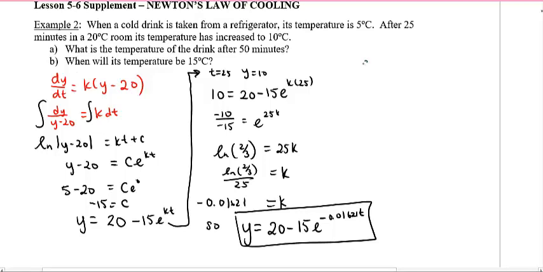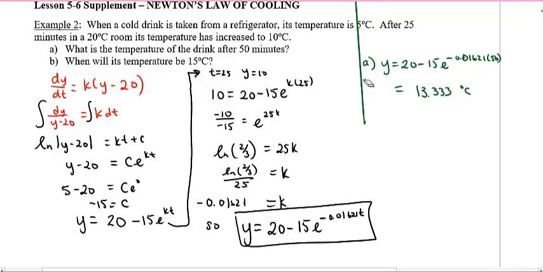Now we can go answer our questions. Temperature after 50 minutes. That's right. Plug in t equals 50. And I'll tell you your answer is about 13.333 degrees Celsius. And for part B, whoa, what happened there?